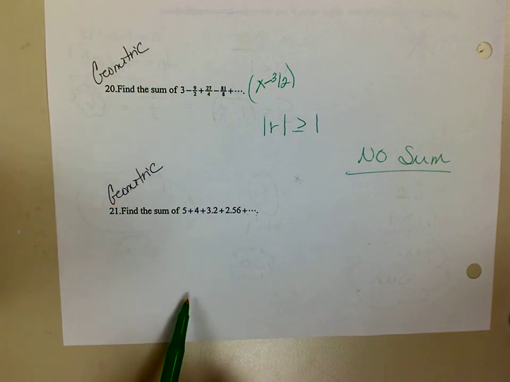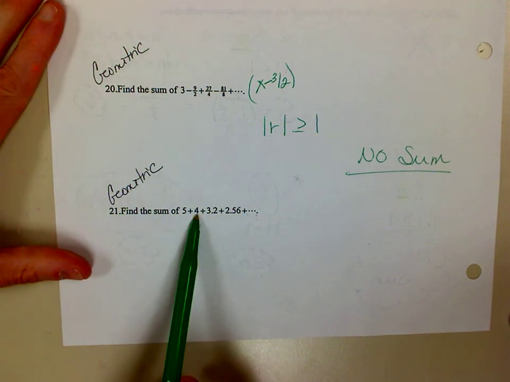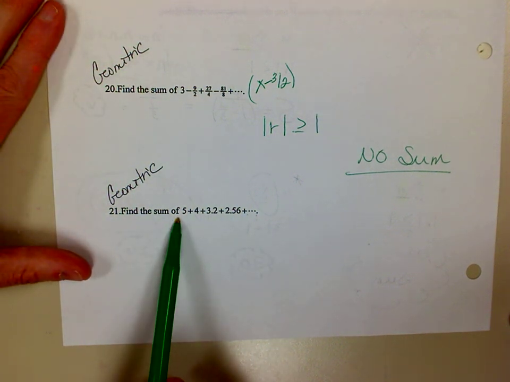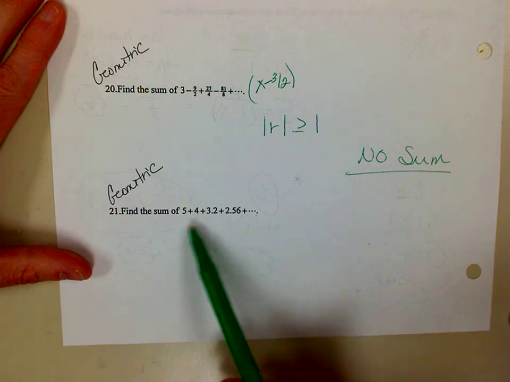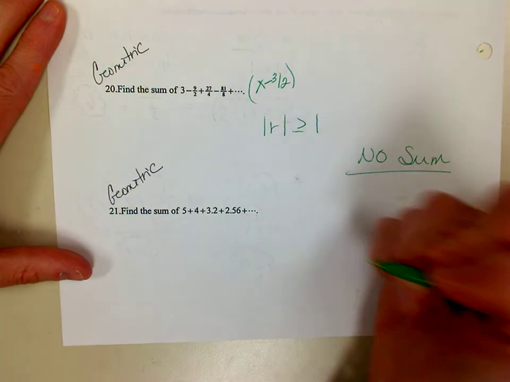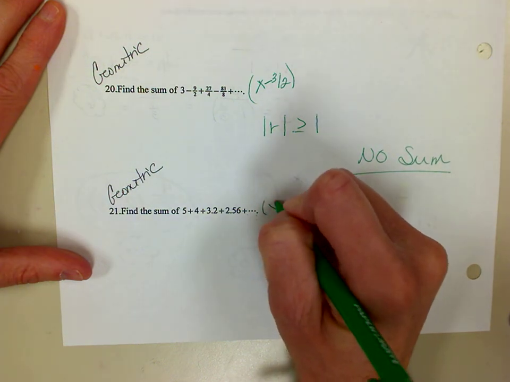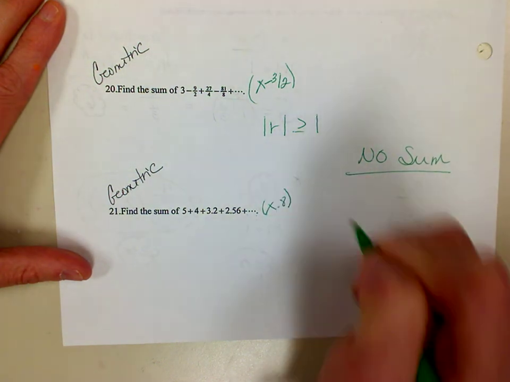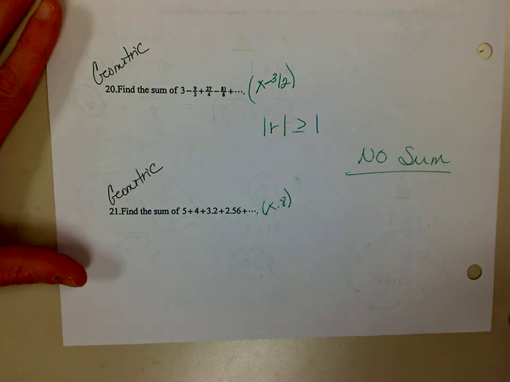If I'm not sure what I'm multiplying by, I can divide the second divided by the first, because if I'm multiplying this way, I'm dividing this way. So if I take 4 divided by 5, that means I'm multiplying by 0.8. If I take the absolute value of that, that's still 0.8.